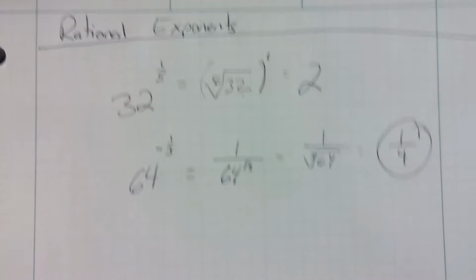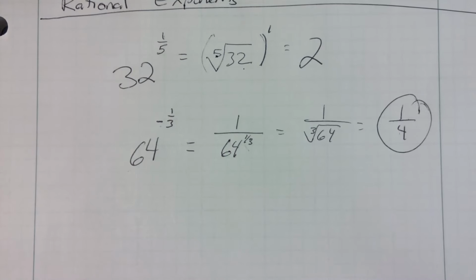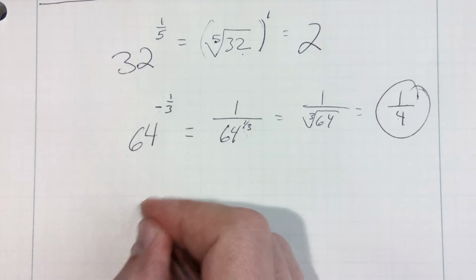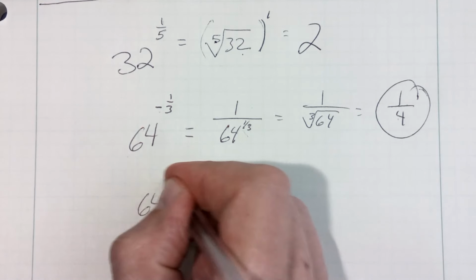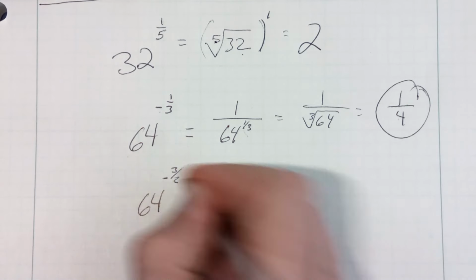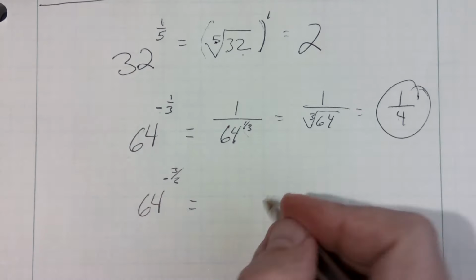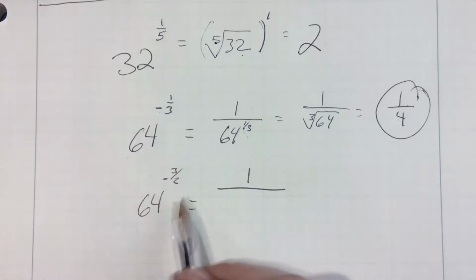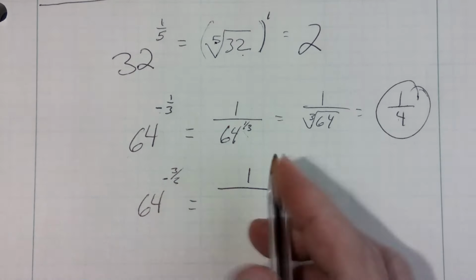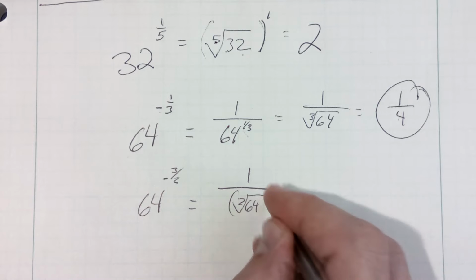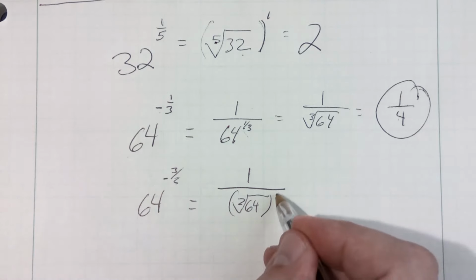Now, be very, very careful with all your signs and minus signs. In other words, you could have something like 64 to the negative 3/2 power. This is perfectly fine, because we're going to make it a fraction. We're going to take the denominator of 2, so we're going to take the square root of 64, which we're going to raise to the 3rd power.